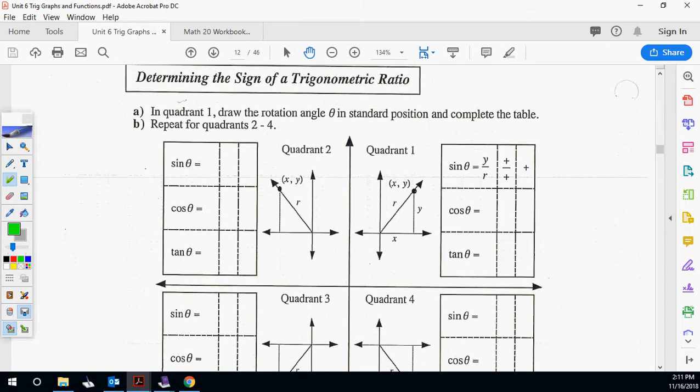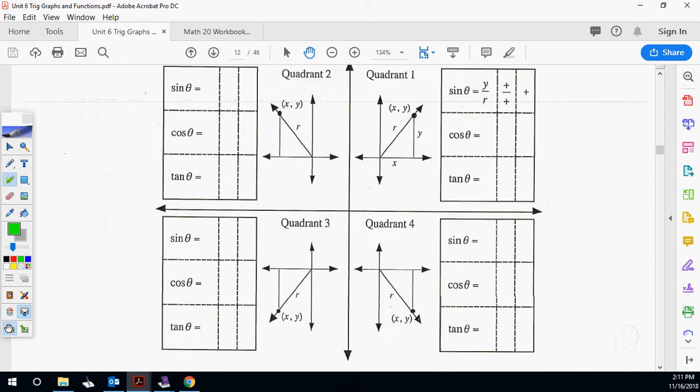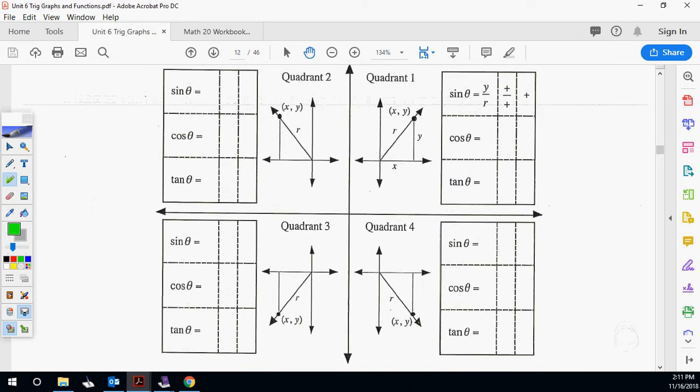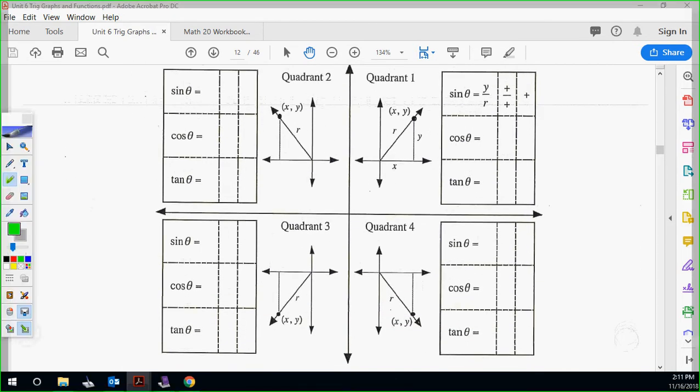So determining the sign of a trigonometric ratio. We're just doing the sign chart. This sign chart was also Math 20, but we'll just do it one more time here. And this is just helping you develop the CAST rule. The CAST rule just tells you what trig ratios are positive or negative in which quadrant. So for example, we're thinking about this on an XY coordinate grid. In this one here, see how up for y is positive, right?